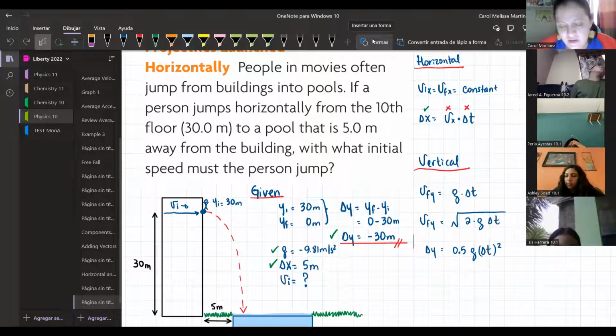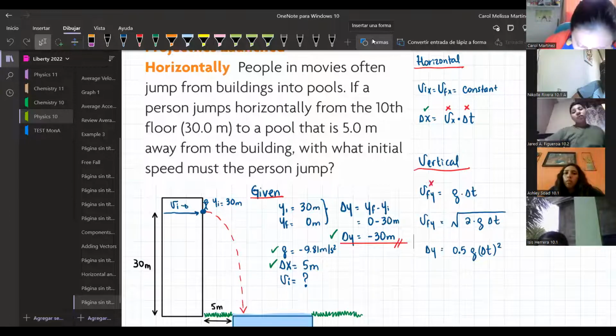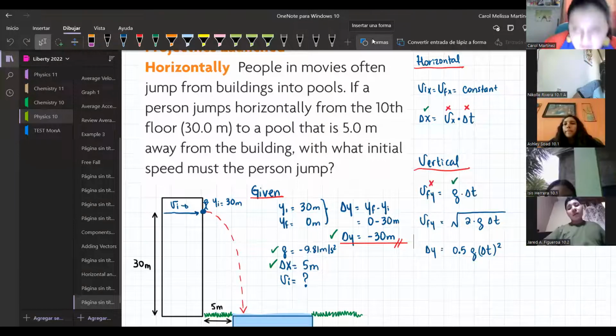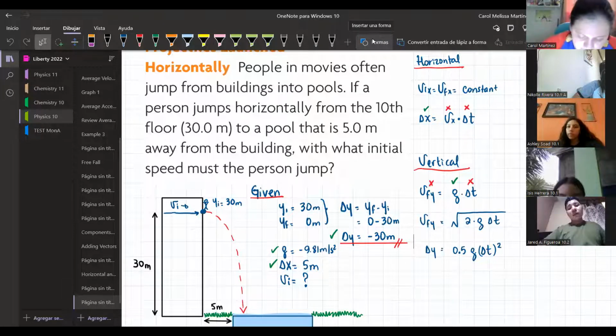Now let's see the formulas over there. I don't have velocity in y. I have gravity, but I don't have the time, so I cannot use this formula. For final velocity in y, I don't have final velocity in y. 2 is a constant. I have gravity, but I don't have the time. So I cannot use the second one either.